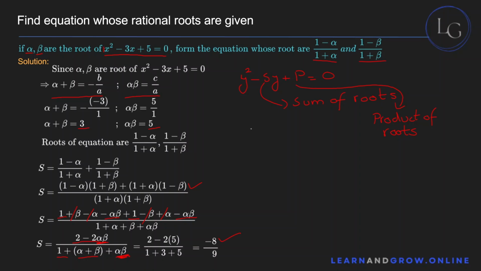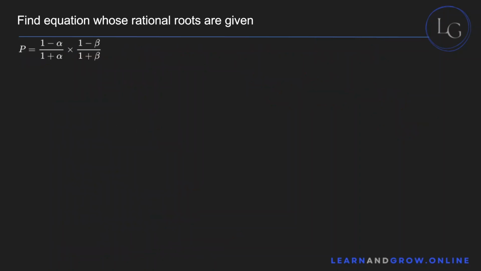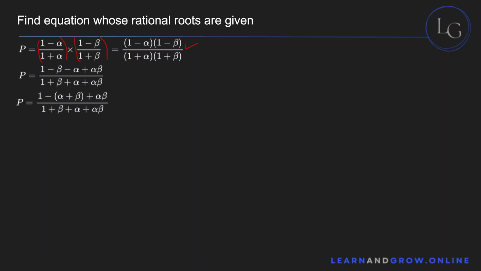Now we find the product of roots, p. So you'll multiply these two and you'll get this term over here. Upon further multiplication and calculation, you'll see that it comes down to this. Now, this can be written down like this as well.